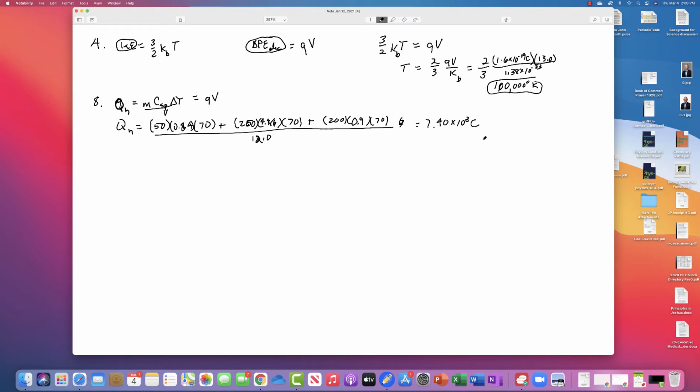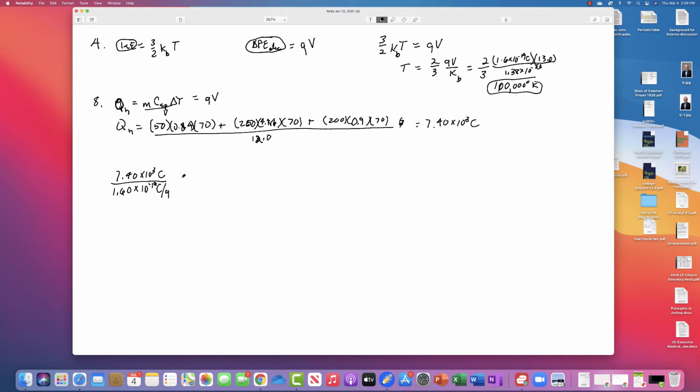Part B states, how many electrons per second flow if it takes 5 minutes to warm the formula? Well, you take the 7.40 times 10 to the third coulombs and you divide that by 1.60 times 10 to the minus 19 coulombs per electron.